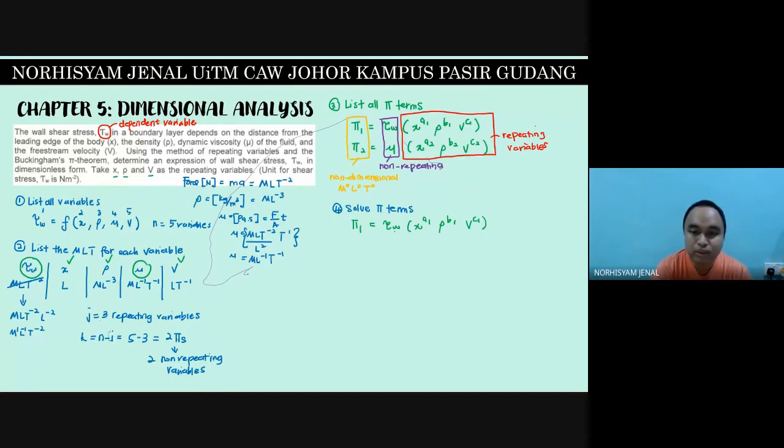This is when you need to know that the MLT here is really important. If you are wrong here, for example, just now I put M1 L1 T negative 2 wrongly. It is just for force, but I did not include the L negative 2 at the back. So I might get into trouble because the answer will be definitely wrong from the beginning.